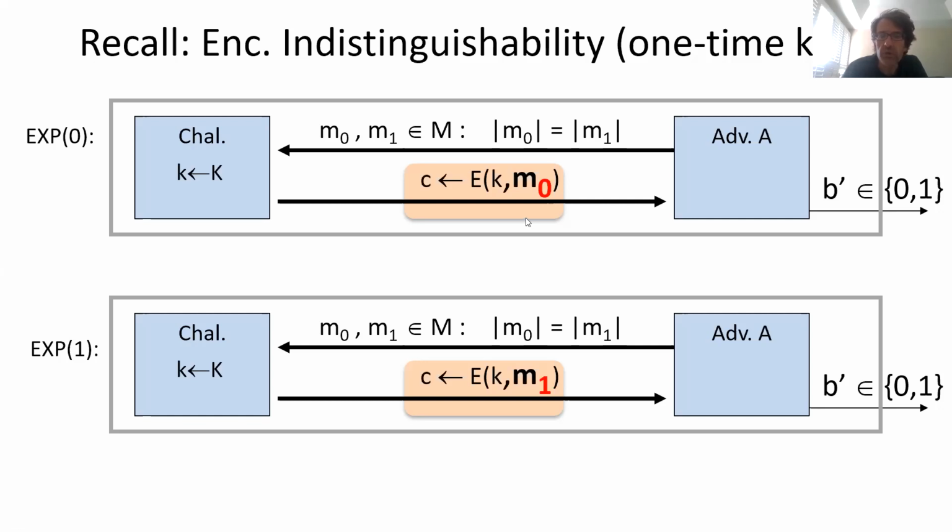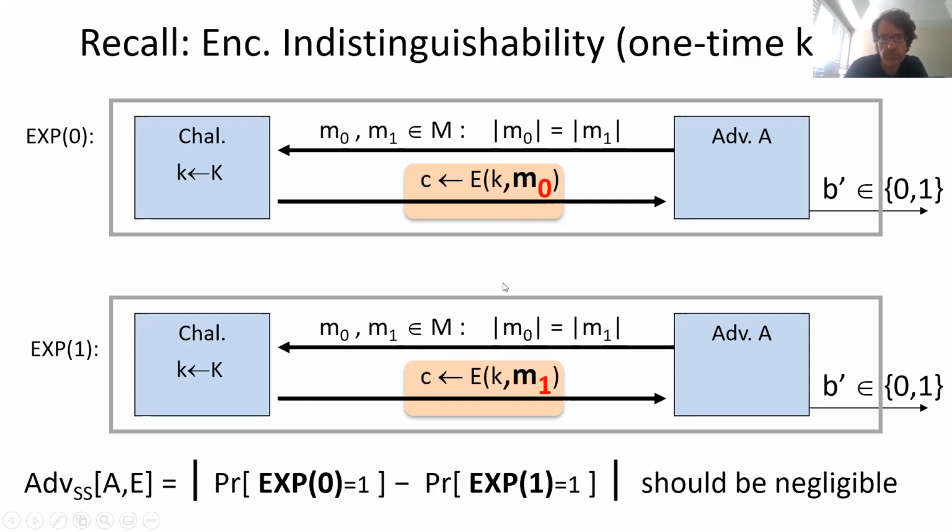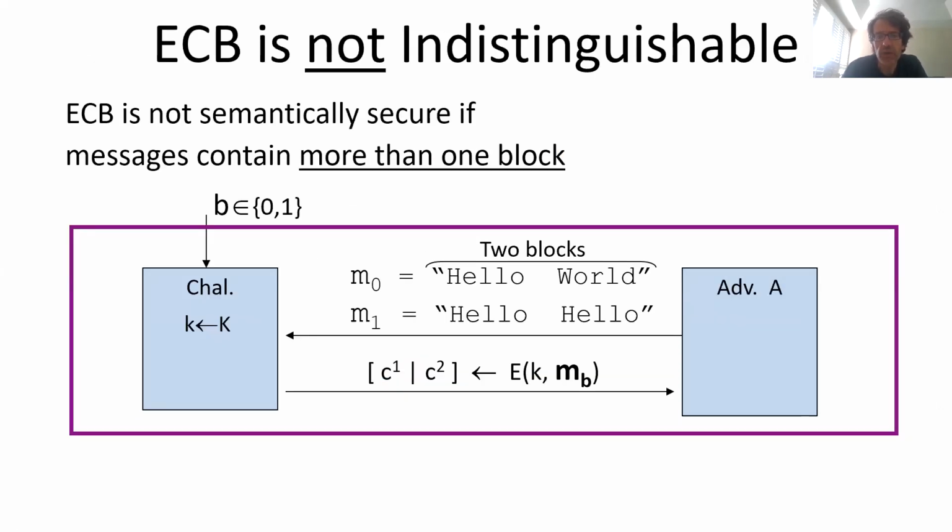Okay, so for the one-time usage of the key, there are two messages. In this case, think of M0 as a picture of this guy and M1 as a picture of a dog. And you get a ciphertext of either the encrypted guy or the encrypted dog picture. The distinguishing advantage should be negligible, but it is not. Here is the simple attack.